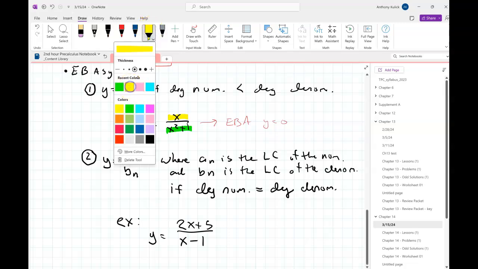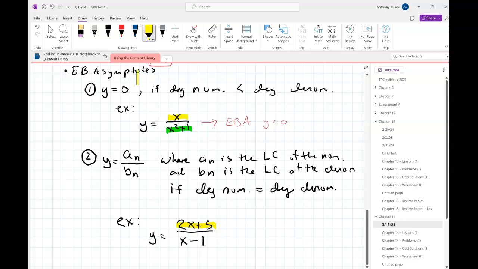Well, what's the degree of the numerator? 1. What's the degree of the denominator? 1. They're equal, so I'm going to have then an end behavior asymptote of y equals the leading coefficient of the numerator over the leading coefficient of the denominator, y equals 2. Does that feel okay there?